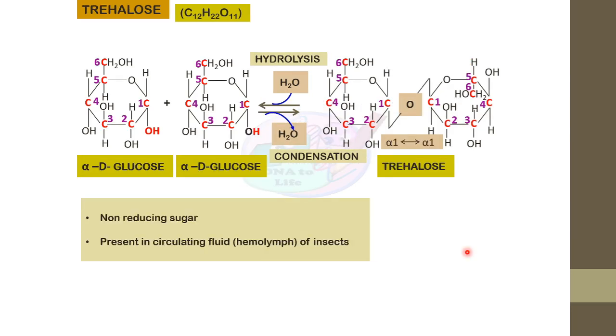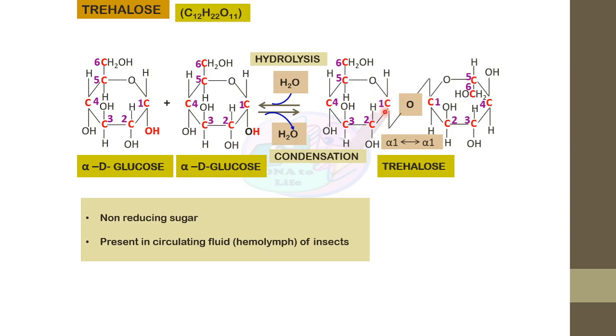Next one is trehalose. It is made between alpha D-glucose and alpha D-glucose. When these two react together, they form trehalose. Here the linkage is between both anomeric carbons, and both sugars are alpha D-glucose, so this bonding is an alpha 1,1 linkage.